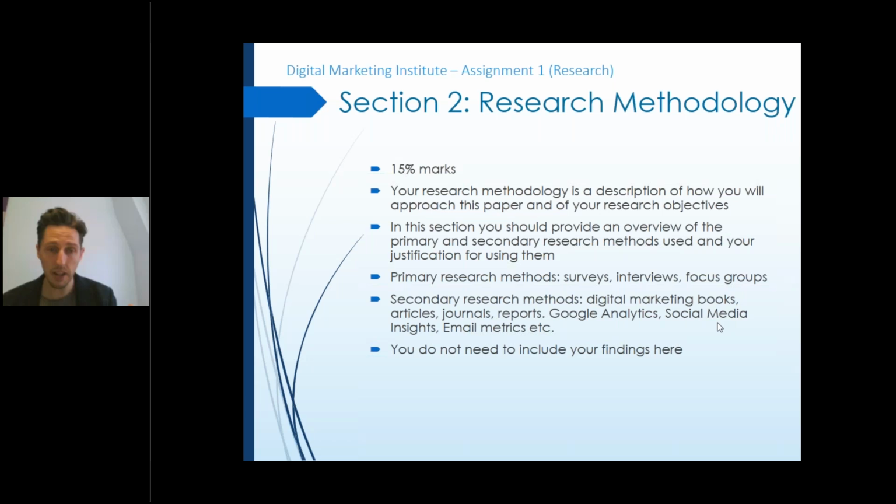In this section, I'll just run back a little bit to put some clarity on this. You're going to justify the objectives that you set out, your research objectives. So look at the sections that are needed for this assignment, such as, when we move a bit further down, the evolution and impacts of digital relevant to the target audience, future trends that are going to impact on the industry, and also the digital technologies and their impact on local and global levels as well.